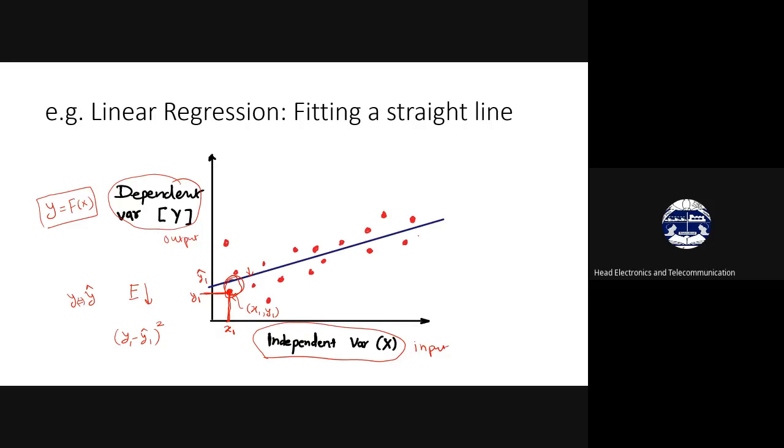And I have to do this for all samples given as training samples to me. For every sample here, I have to do this process. I have to find out the error. Suppose I put the line over here instead of here. In that case, you will see that my error is too much.